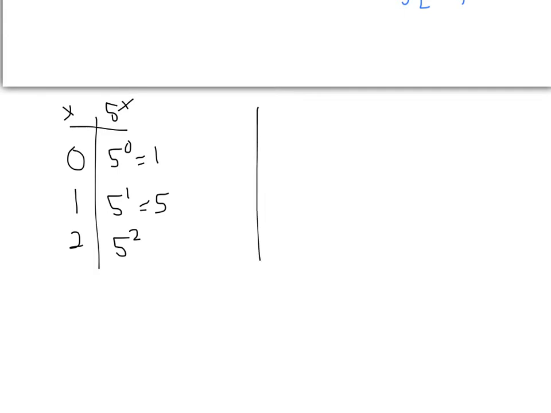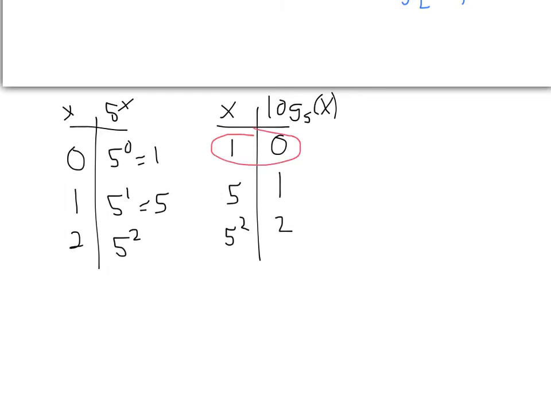And so then we reverse everything. We say, let the inputs be this. Now let's look at log base 5 of x. Now the inputs become 1, 5, and 5 squared. The outputs become 0, 1, and 2. What we really want you to focus on is the following. This first one is saying that log base 5 of 1 is 0.